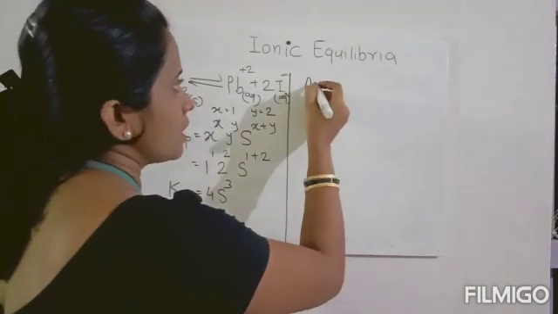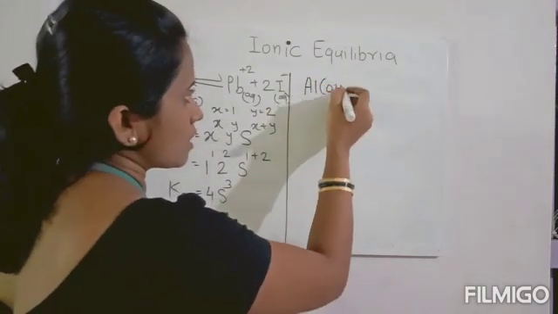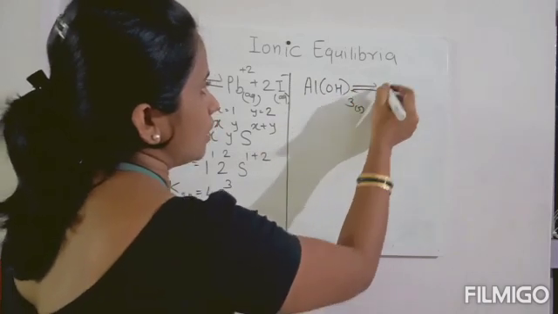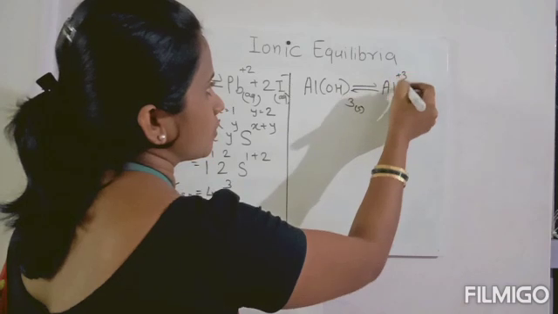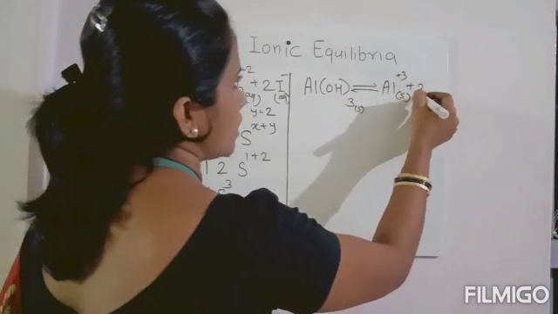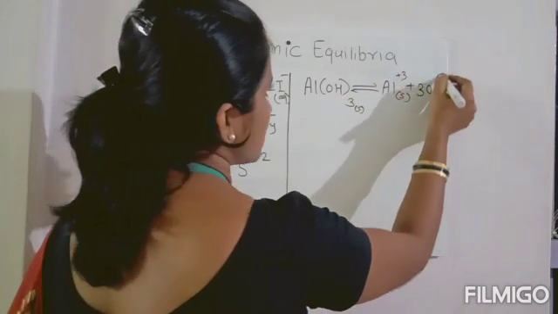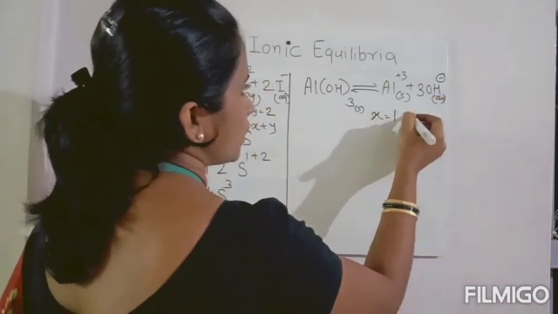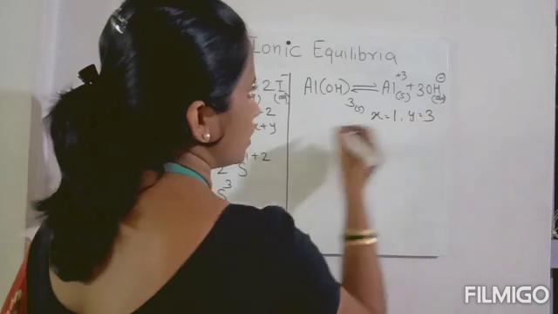Take one more example, same, that is Al(OH)3. It will give Al3+ plus 3 OH- ions. In this case, x is equal to 1 and y is equal to 3.